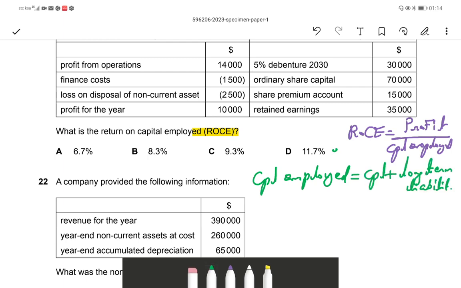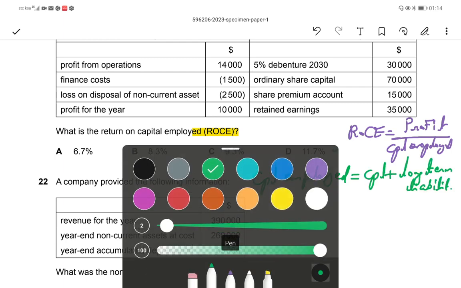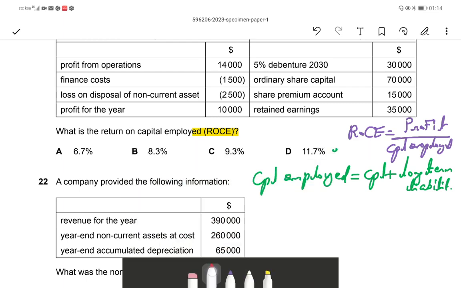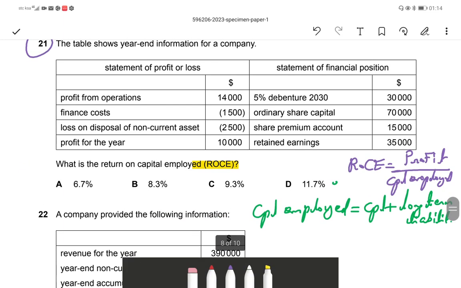So here, what is the profit from operation? Profit from operation is given in the question, 14,000.